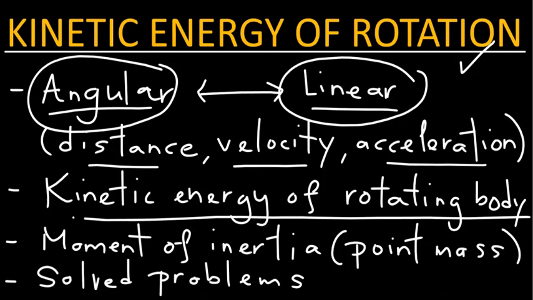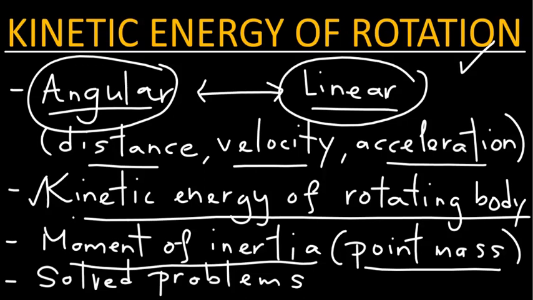We will then discuss moment of inertia for point masses, which comes naturally from kinetic energy of rotation. Finally, we will solve some problems to explain the concepts that we have presented.